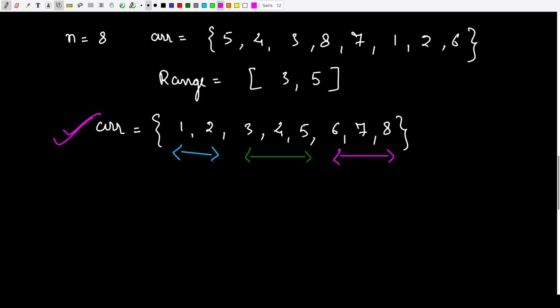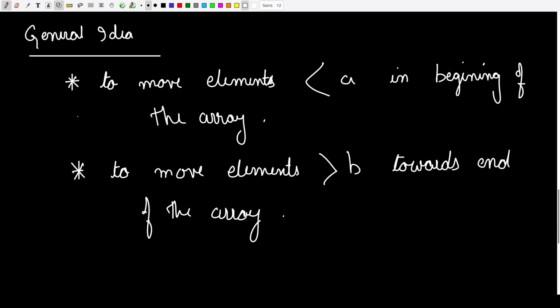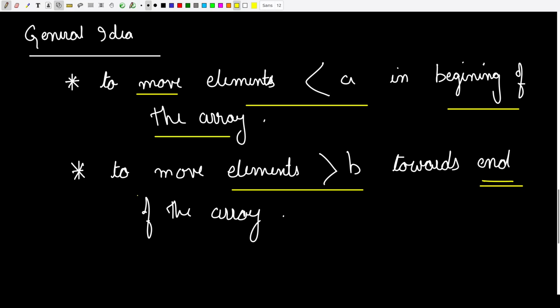So that's about the problem statement, folks. Now let us discuss the solution of this problem. The general idea is to identify all the elements which are less than a. If the elements are less than a, we are going to move them towards the beginning of the array. Similarly, if the elements are greater than b, we are going to move them towards the end of the array.